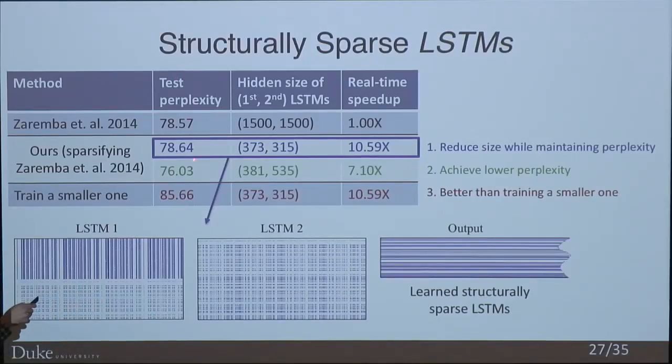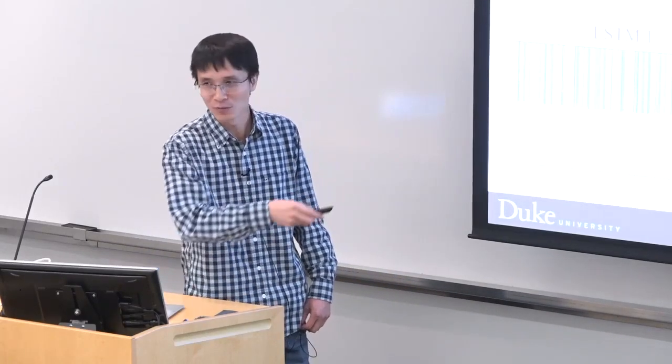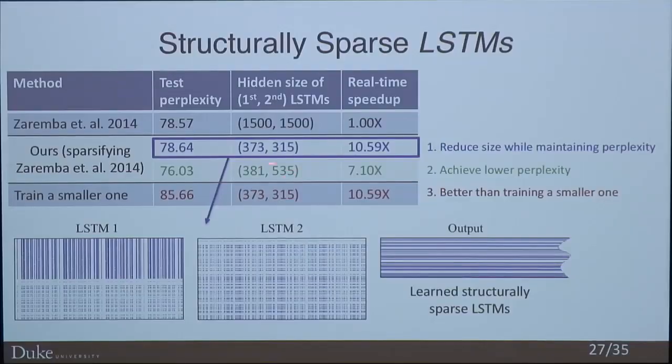I'm not quite sure that if you reduce parameters, you can get better test perplexity. Yeah, this is test perplexity. Why is it better? This is the benefit of SSL. So basically, we can get a smaller model which has better performance.